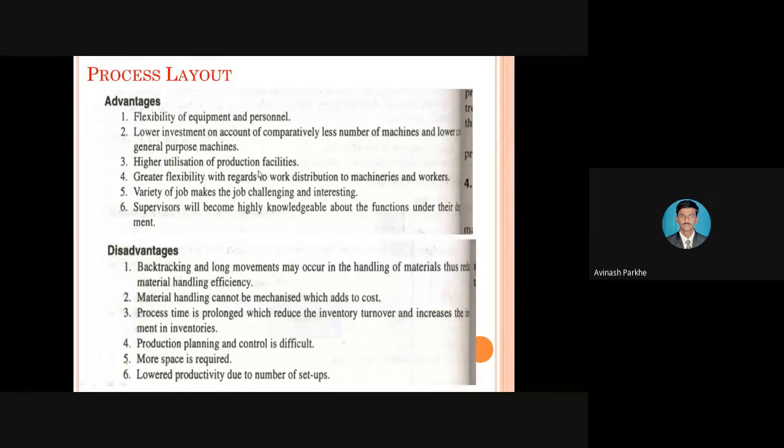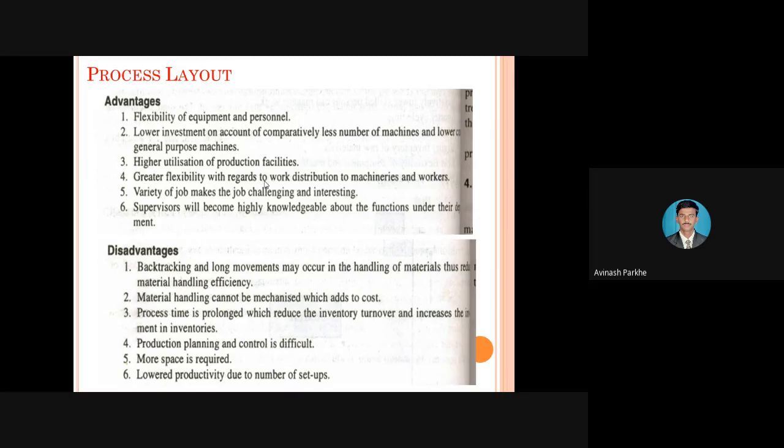Higher utilization of the production facilities. Higher utilization will be taking place. In one compartment we provide milling, then in another the lathe machine, then welding, then grinding, then inspection, then assembly, and at the end we do the painting. That means higher utilization of the production facility takes place in a small compartment only.